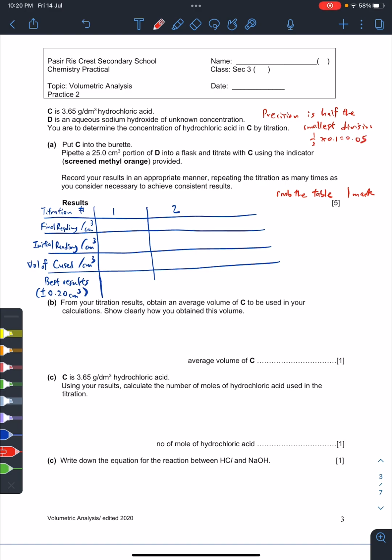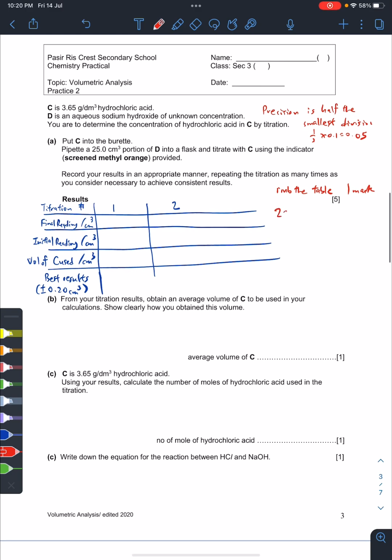So the second mark is when you leave your answer in 2dp and the last digit is a 0 or 5. Means maybe 24.00 or 24.15. Cannot be 24.16 because you cannot see anything except half of the smallest division. So this gives you a second mark.